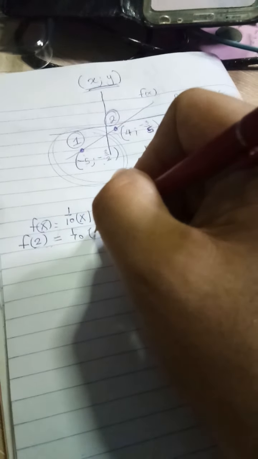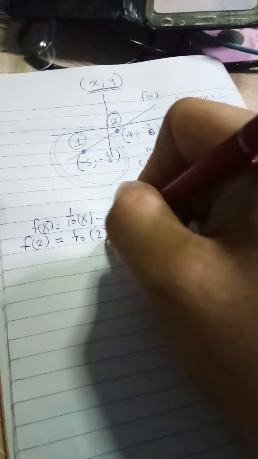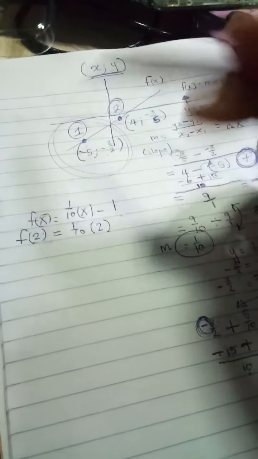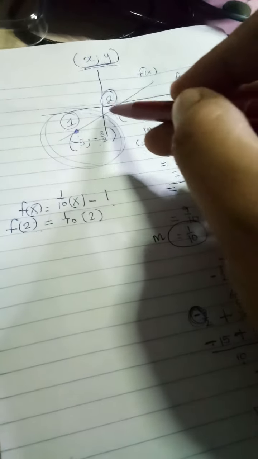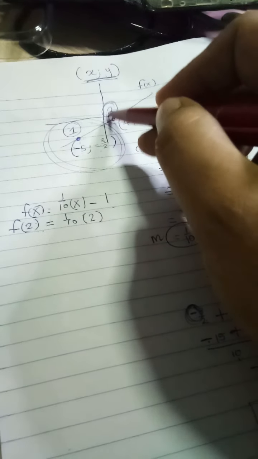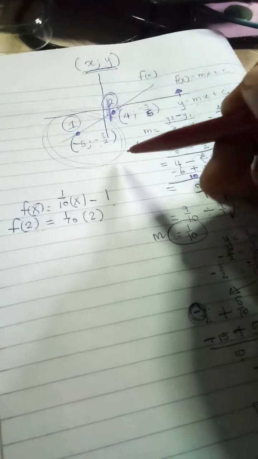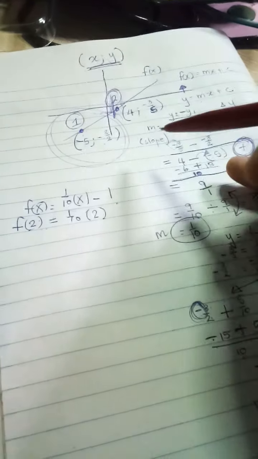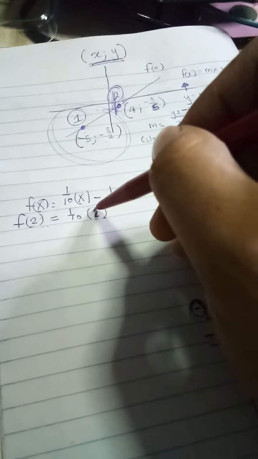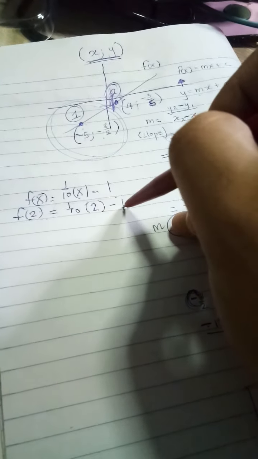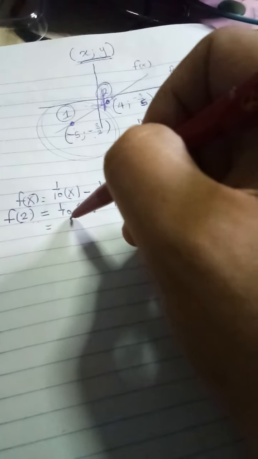Well, it's going to be somewhere around here. At the point 2, what is going to be the y value? That's what we want to know. So where x is 2, minus 1 stays there. So this is 2 over 10 minus 1. And we're going to put it all on 10.